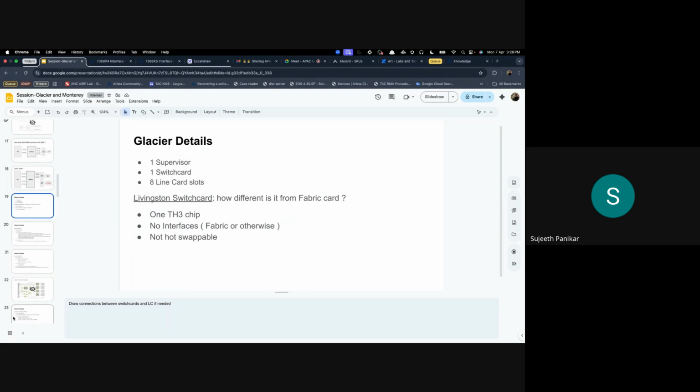But over here, because they're all sharing the same resources, there is a dependency, which means that line card 2 is dependent on line card 3, 4, and 5. And this is also because as the device is brought up, there is no fixed L1 topology. The L1 topology can keep changing based on the interfaces up, the transceivers, and the speed. So this was one very big change that we see in Glacier and Monterey.